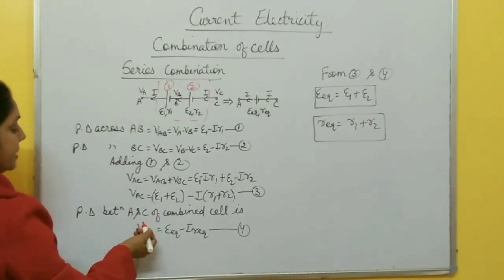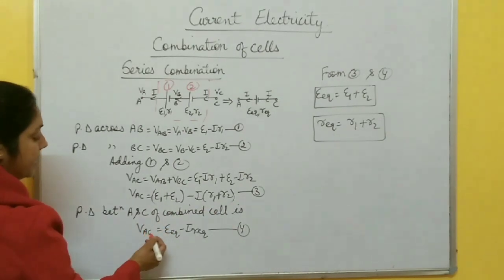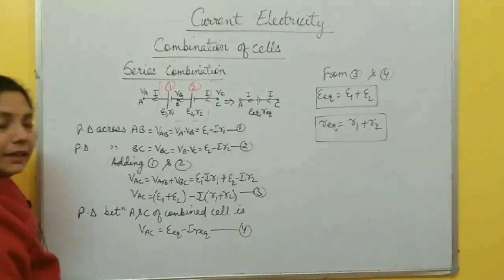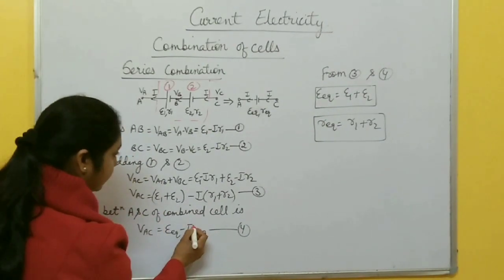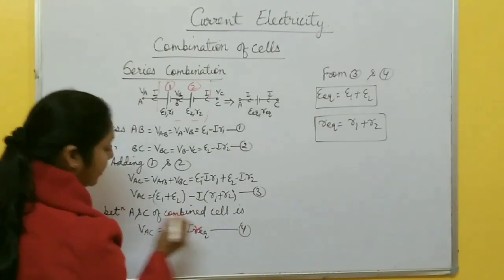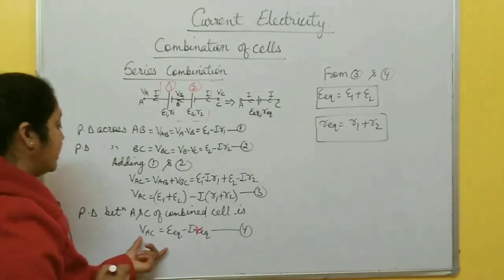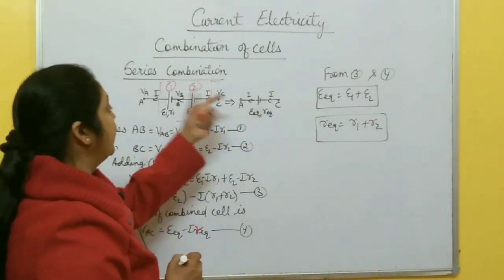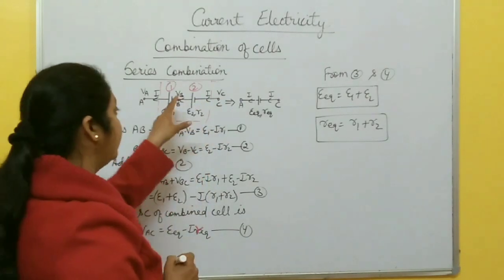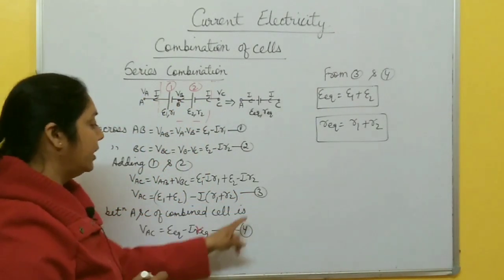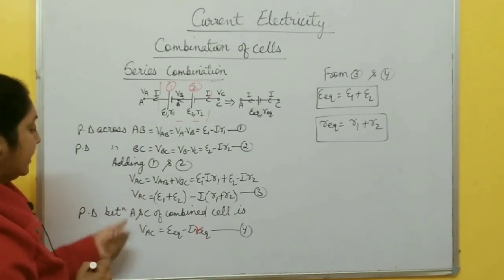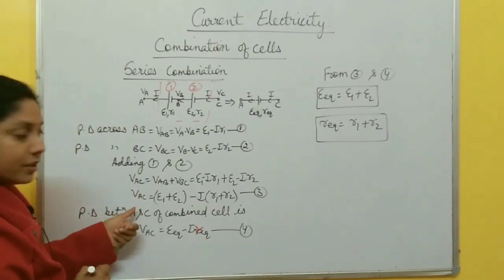The potential difference between A and C of the combined cell is E equivalent minus I R equivalent, right? This is the potential difference across A and C when both cells are combined, and the other is when separately we add. So from these equations 3 and 4, you get the potential difference across AC.